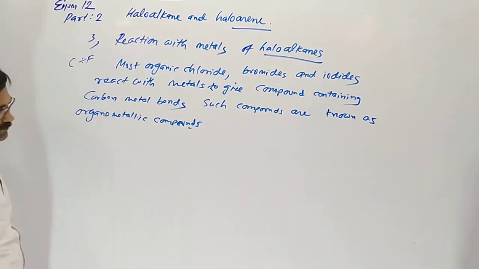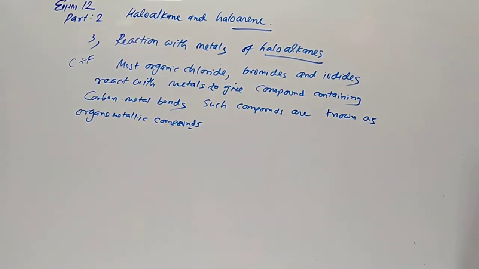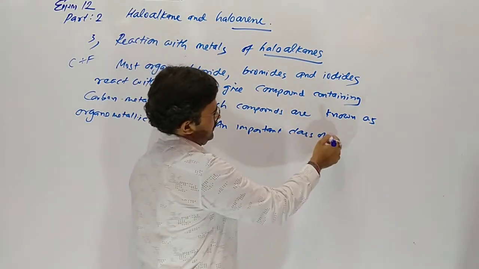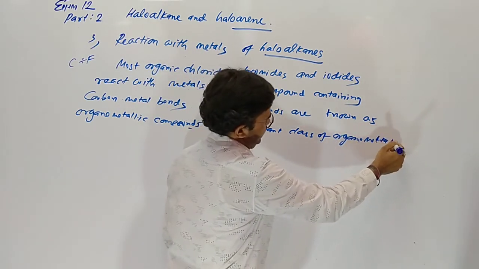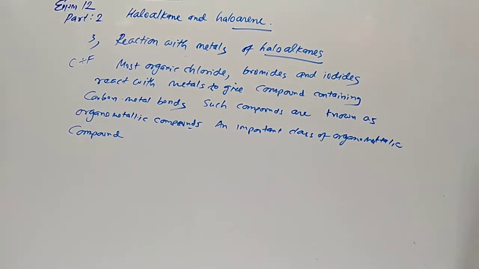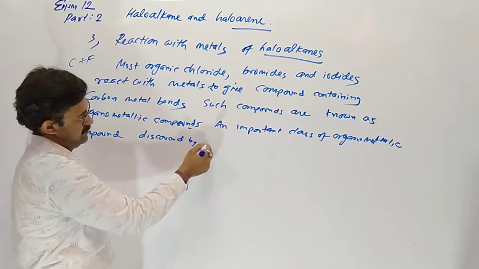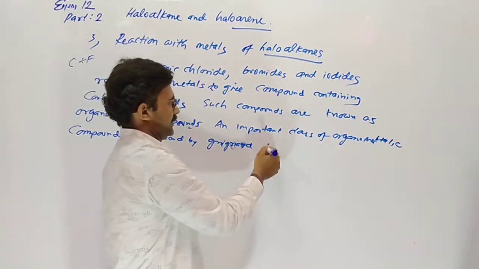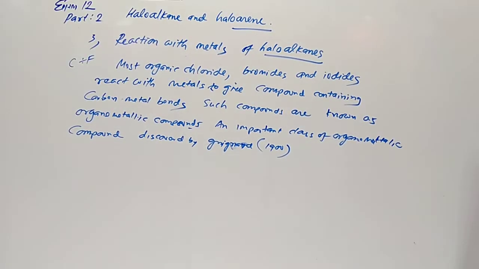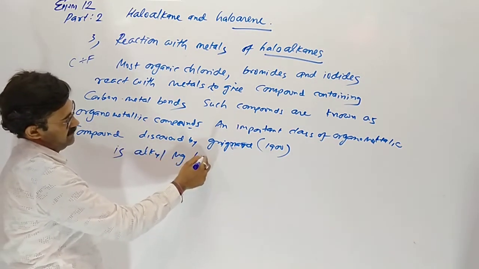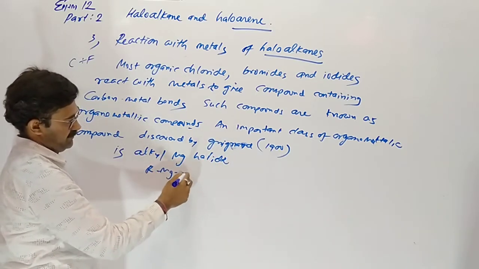This type of compound was found by Victor Grignard. An important class of organometallic compound, discovered by Victor Grignard in the year 1900, is alkyl magnesium halide, RMgX.